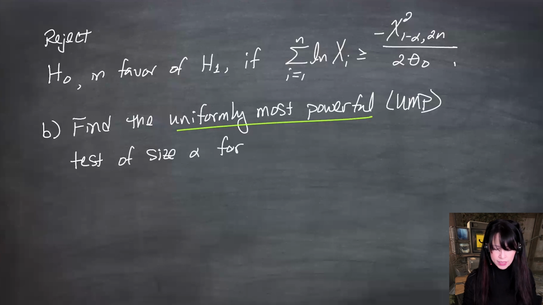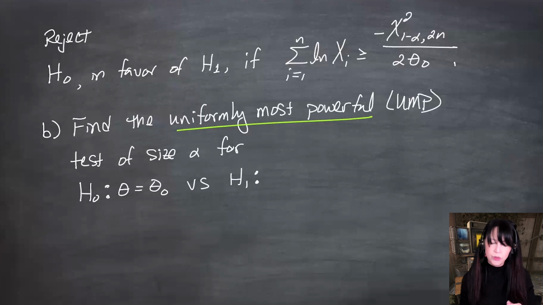I'm sticking with the same setup, the betas, but I want to now kick us up to a simple null hypothesis versus a composite alternative hypothesis. So I'm going to say theta equals theta naught versus theta is something greater than theta naught.